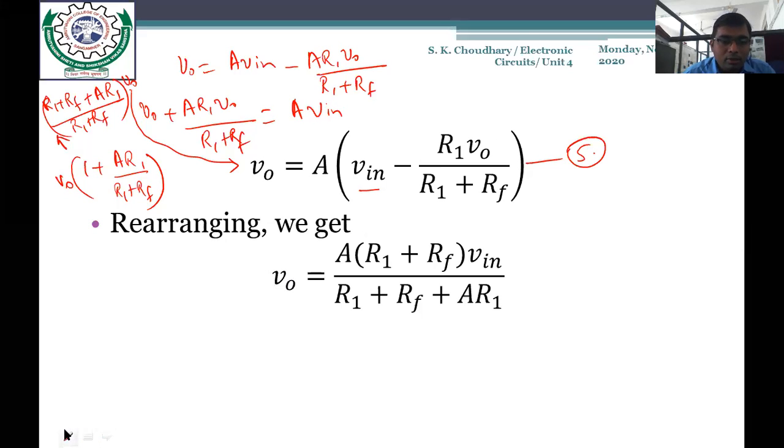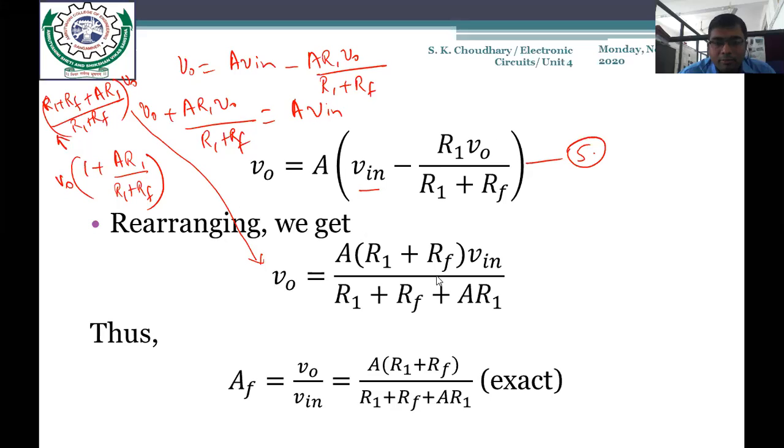From this point this equation has been derived for V0, that becomes A into (R1 plus RF) into V in upon R1 plus RF plus A R1. Thus from equation number 1, AF is equal to V0 upon V in.